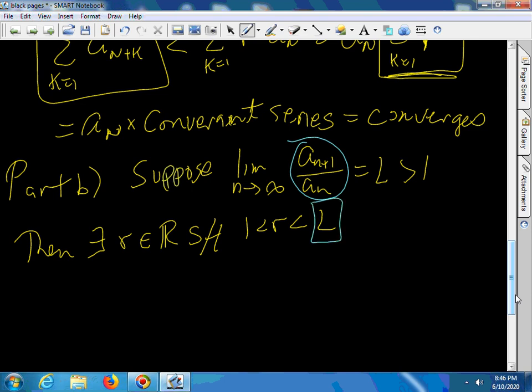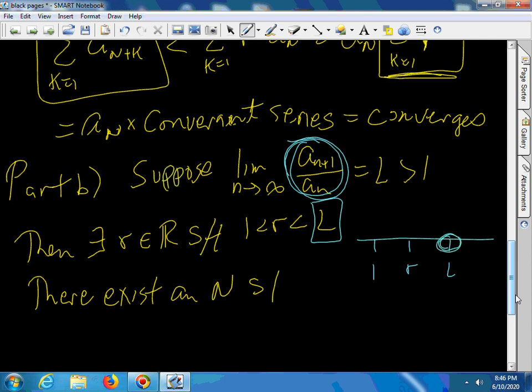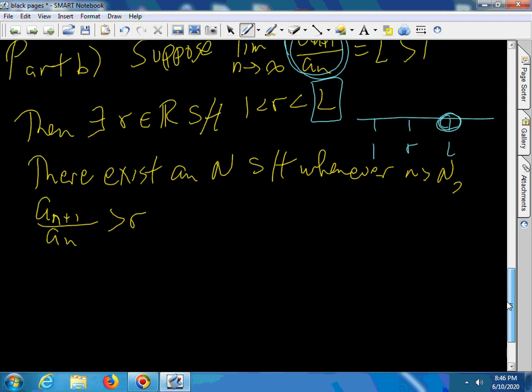It's convergent to L. At some point, all of these fractions will be in a neighborhood around L where all the values are bigger than R. There exists an N such that whenever n is bigger than capital N, a sub n plus 1 over a sub n is bigger than R. That is, a sub n plus 1 is bigger than R times a sub n.